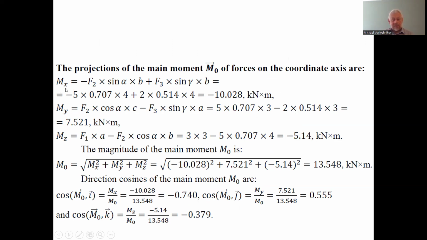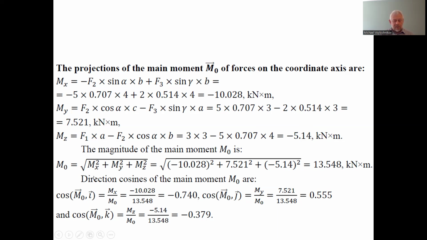Relative to axis x we have the component minus 10.028 kilonewton by meter. Relative to the y-axis 7.51 kilonewton by meter. Relative to the z-axis is minus 5.14 kilonewton by meter.